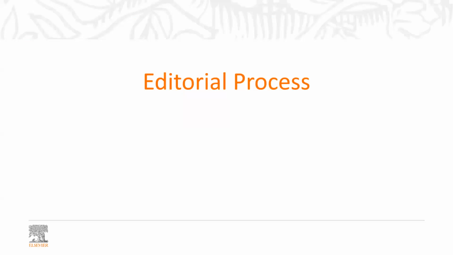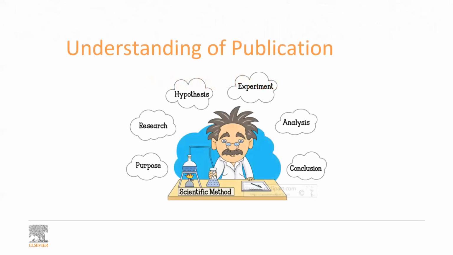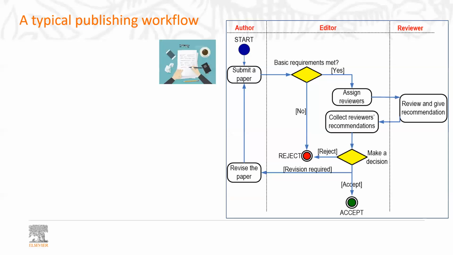So when you have all this metric understanding along with the different modes of publication, then you come to the editorial process. What does the editor want? Let me quickly take you through the publication cycle also. Once you submit your paper, it directly goes to the editor's desk. And the editor has certain checkpoints in mind before selecting or rejecting the paper.